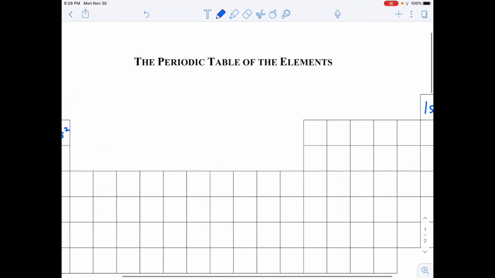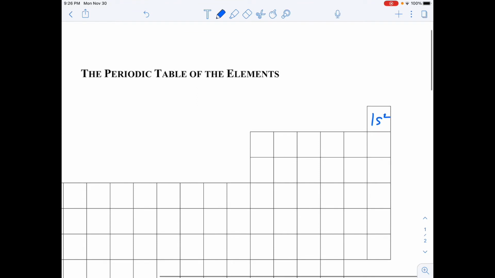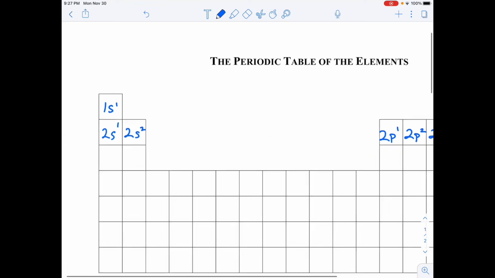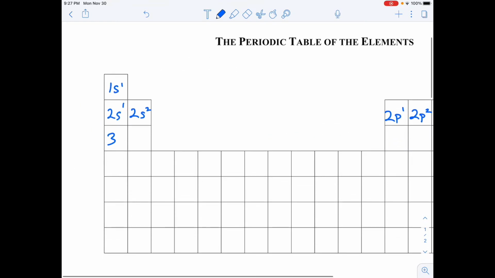And after the s ends, the p's start. So the last part of the configuration would be a 2p1, and then 2p2, 2p3, 2p4, 2p5, and 2p6. When I'm done with the 2p's, if we follow the order of configurations, I end up with 3s starting.